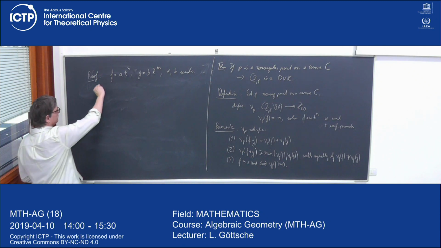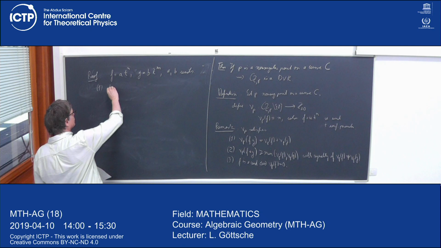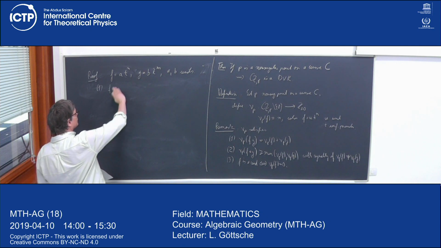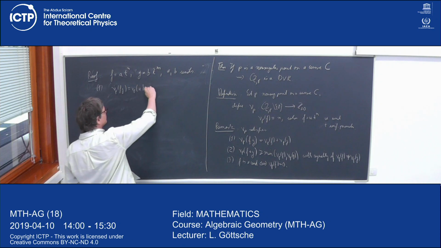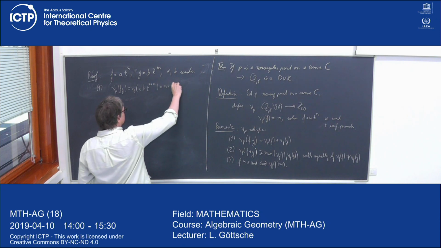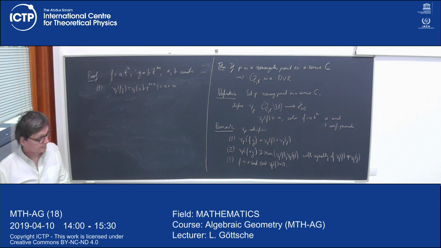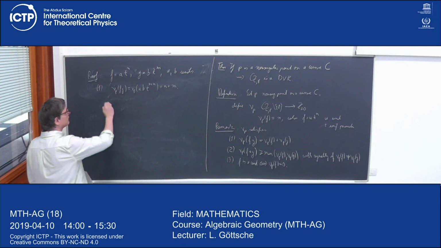Then if I take fg, so if I take nu P of fg, this is nu P of a times b times t to the n plus m, which is n plus m. Okay, so it is true that it's additive, because you can see it.